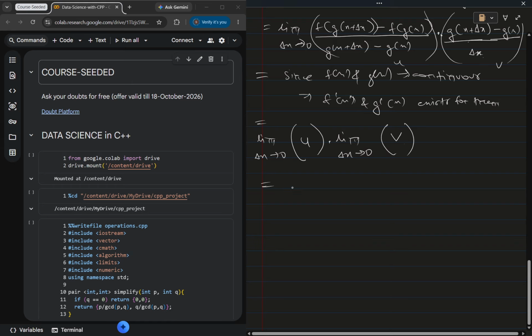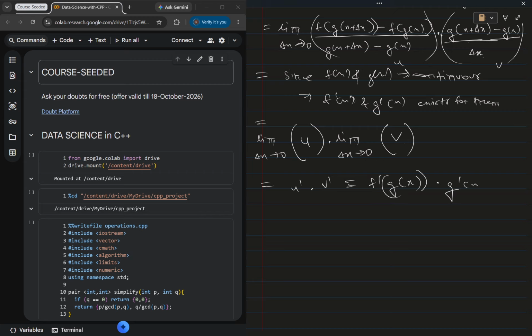So next, you already know what it will look like, u dash and v dash. Let's calculate what u dash and v dash will look like. If you see it carefully, it will look like this times g dash x. So now you know h dash x.